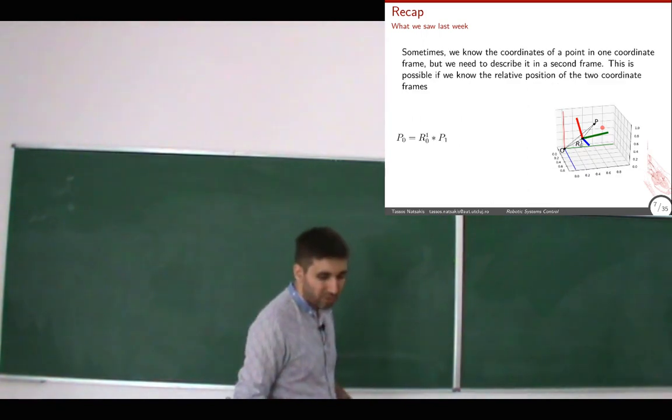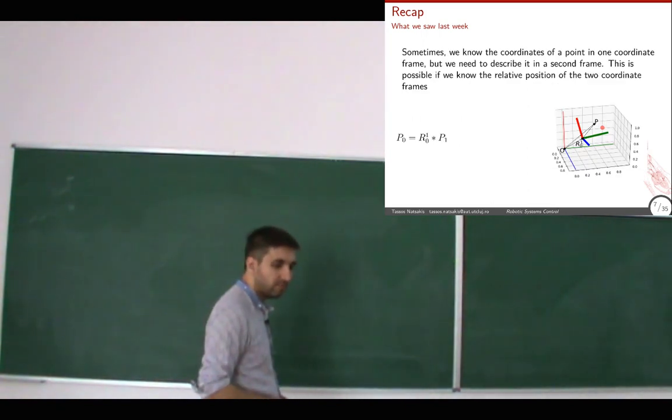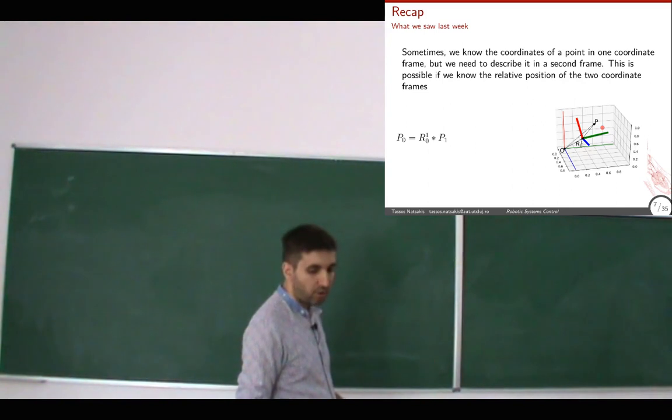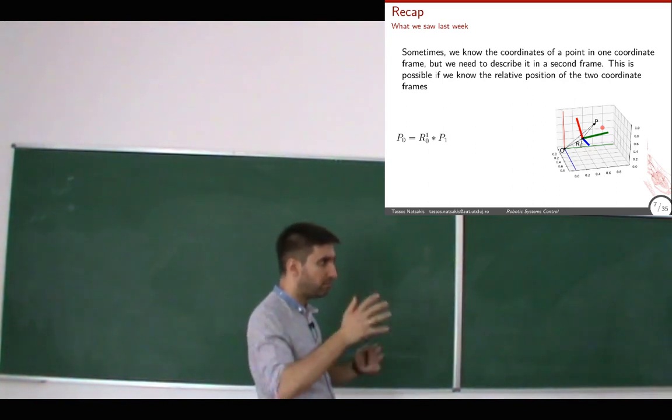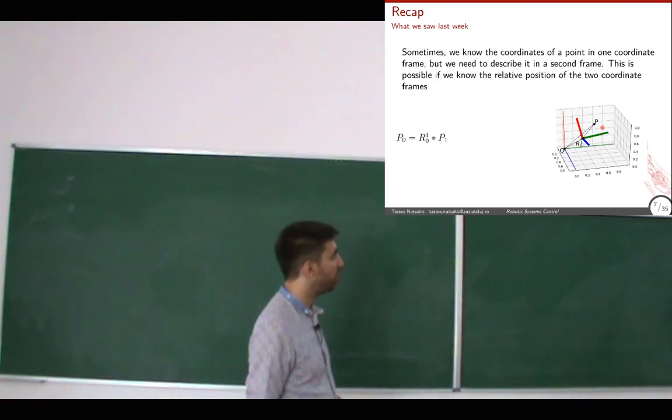And we saw towards the end, a bit briefly, this concept of switching coordinates between coordinate frames. So if I have a point and I know its coordinates in one frame, let's say P expressed in coordinate frame 1, how can I calculate the coordinates of the same point in another coordinate frame, let's say P0?